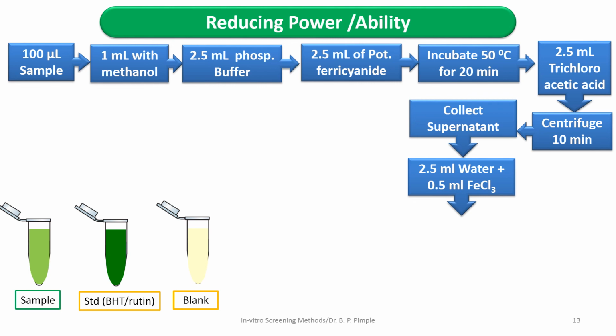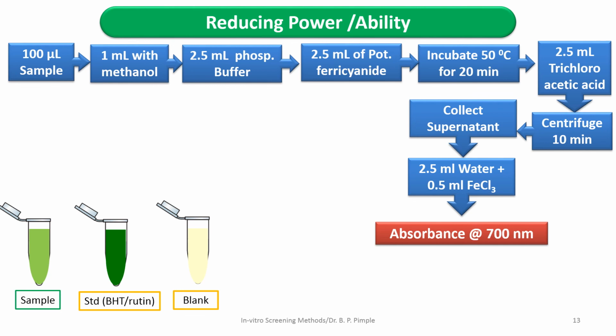As far as the sample is concerned, the color varies. If it is a very strong solution, it will produce dark color. If it has slight or moderate antioxidant activity, it will produce light green color. Now you need to record the absorbance at 700 nanometer.